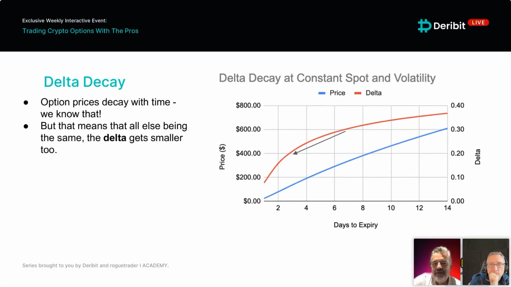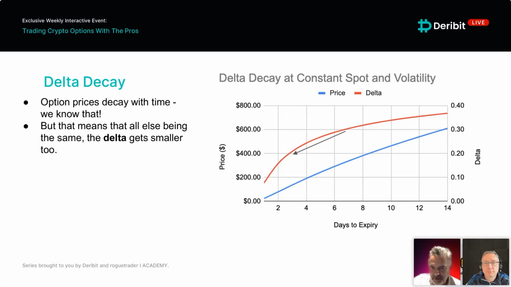Okay, and here's the second thing: delta decay. This is one of those unseen things that you'll never think about unless someone mentions it to you. On the right, I've taken a new graph, and this is that same 27,000 call when the market is at 25,000.